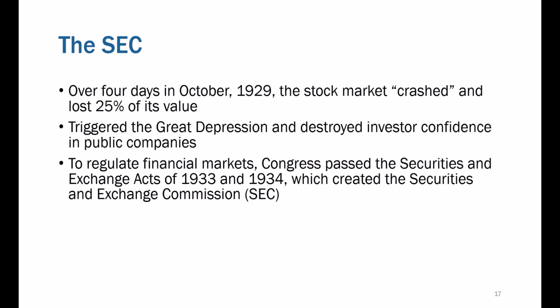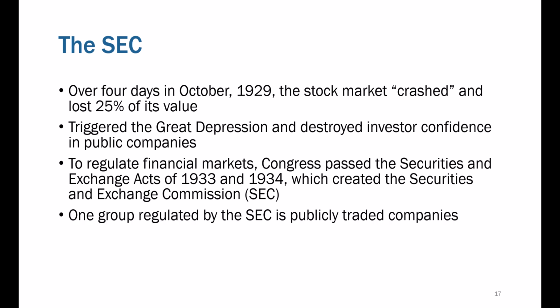So to regulate the financial markets, Congress passed the Securities and Exchange Acts of 1933 and 34, and in that they created the Securities and Exchange Commission. Usually we abbreviate that the SEC. College football fans, that is not the Southeastern Conference. But the SEC is. That's another name for it, the same acronym for two different organizations.